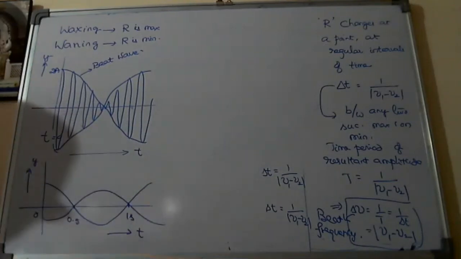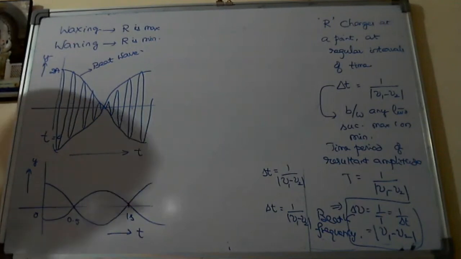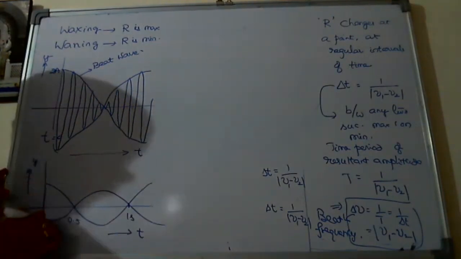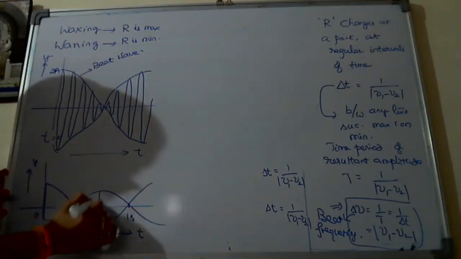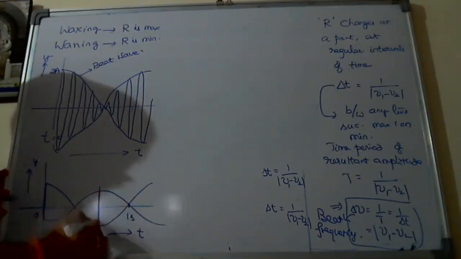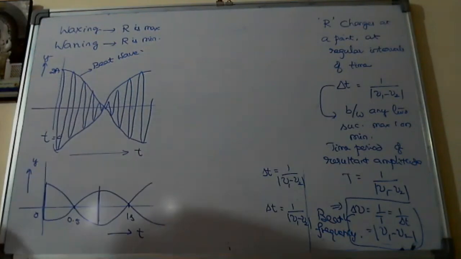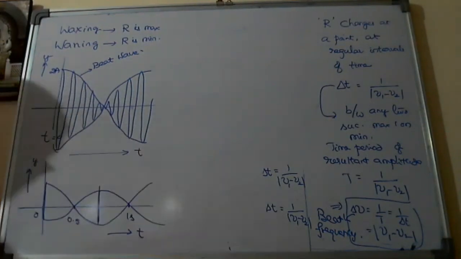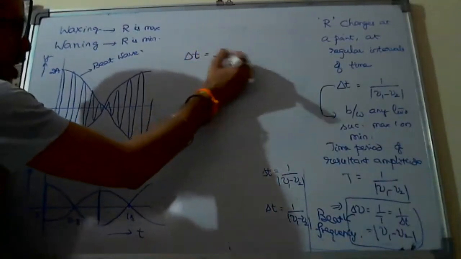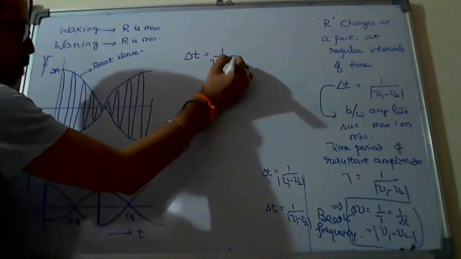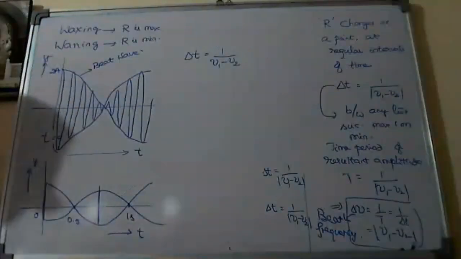Think wisely now. Here, look, the amplitude is maximum. Here also the amplitude is maximum. The time difference between any two successive maxima or minima is 1 by (nu1 minus nu2).